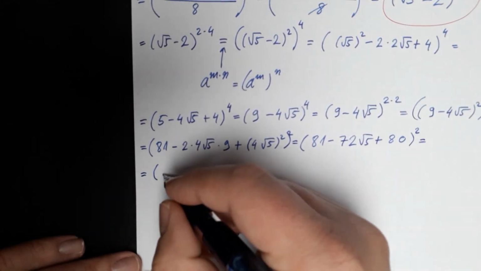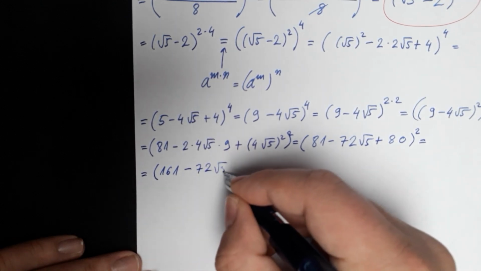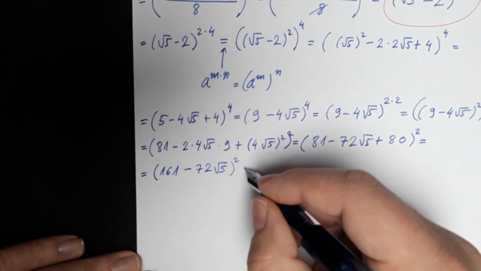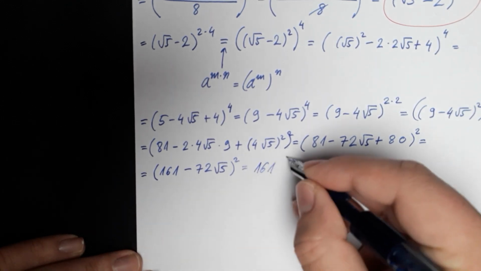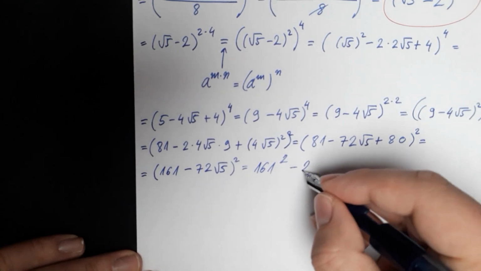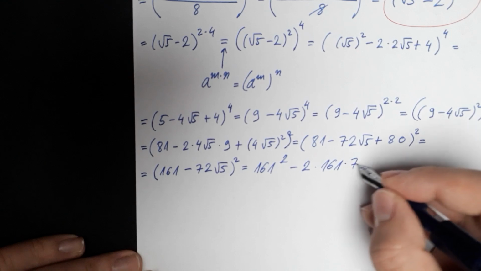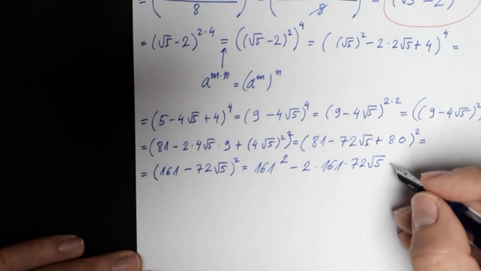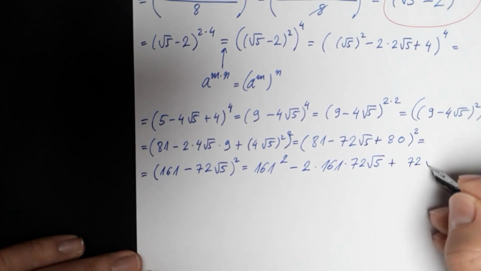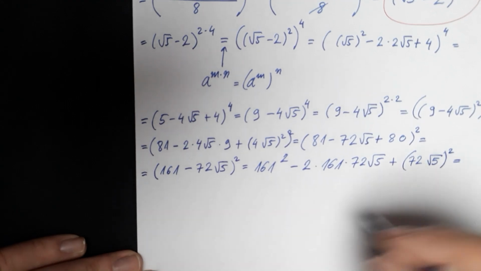So I have 161 minus 72 square roots of 5 squared, and that is equal to 161 squared minus 2 multiplied by 161 multiplied by 72 roots of 5, and plus 72 squared roots of 5, and that is going to be squared.